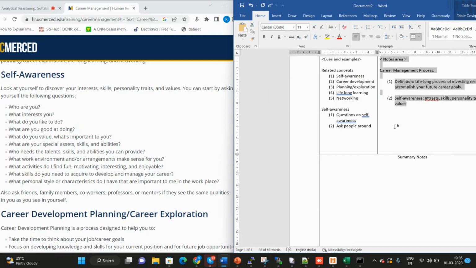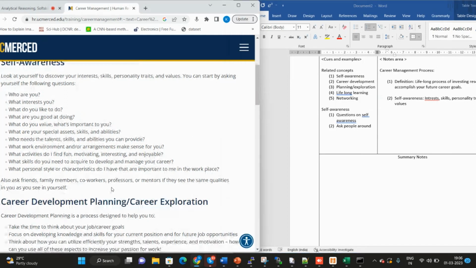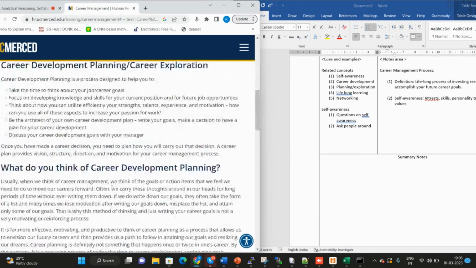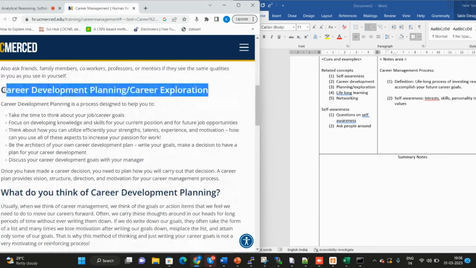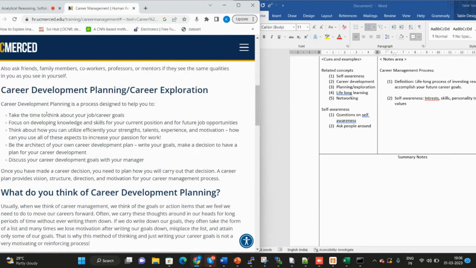Yes, ma'am. ரைட்டா? ஸோ இப்போ நெக்ஸ்ட் the next thing is career development planning and career exploration. So நீ படி பார்க்கலாம்.